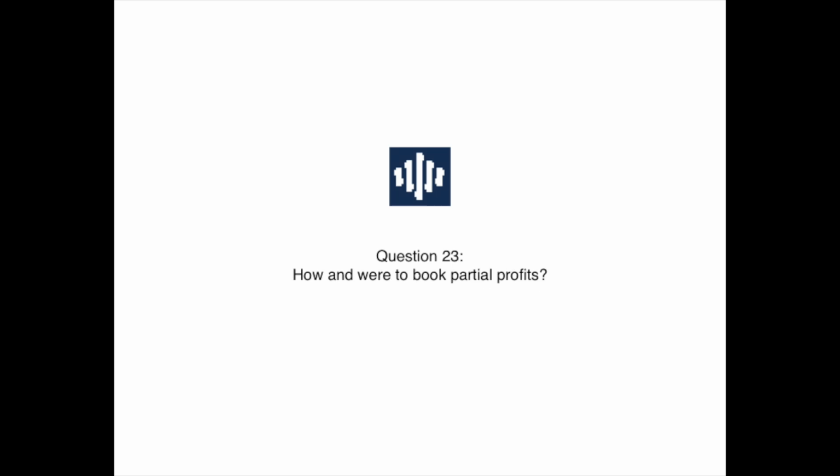Okay, question 23, how and where to book partial profits? It will again depend on your trading tactics. Partial profits can be taken at the chart pattern price target and ride the remaining part with a trailing stop loss or moving average stop loss.